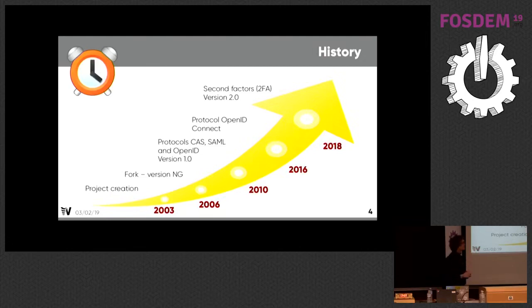So there are the same letters. It's very used in administration in France, but also in private companies. And we implement a lot of protocols. And the last one was OpenID Connect. And we released last year the 2.0 version with the second factor feature.